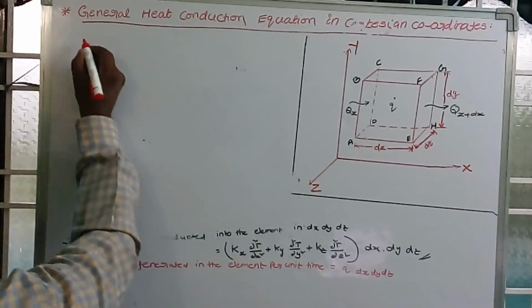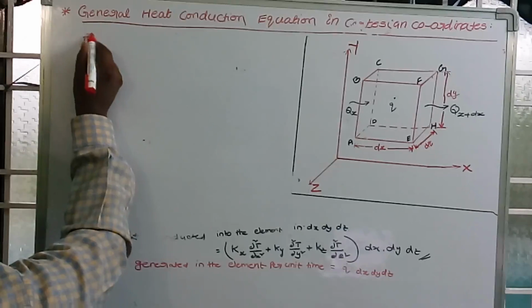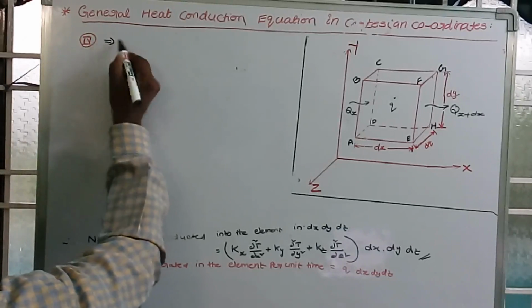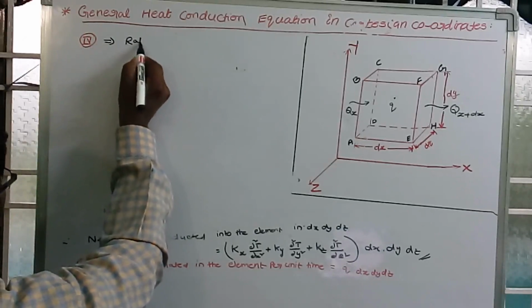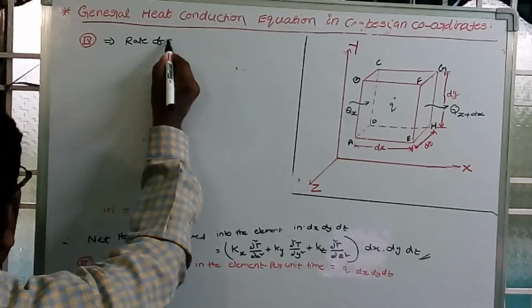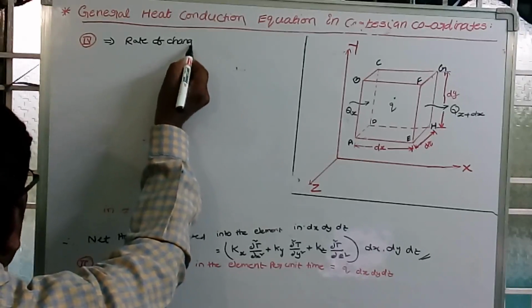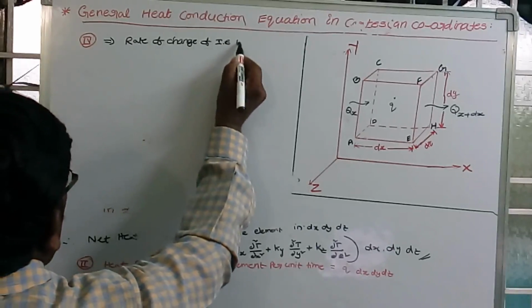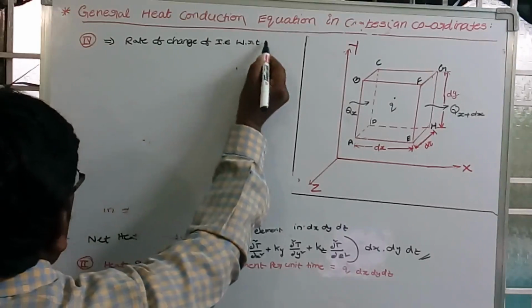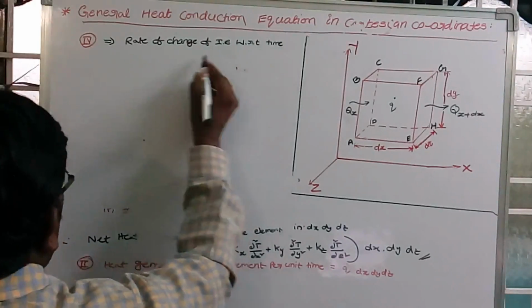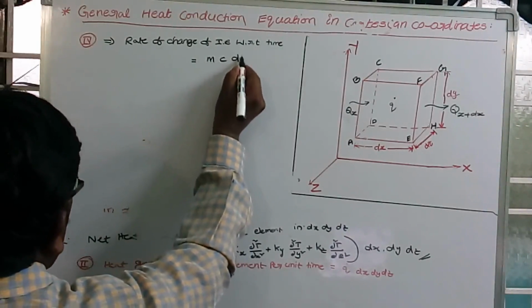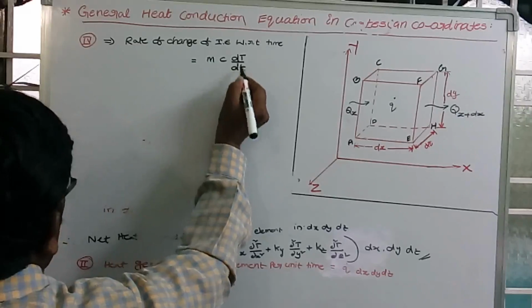The last equation, the fourth equation, is the rate of change of internal energy with respect to time, which is equal to m into c into dT by dt.